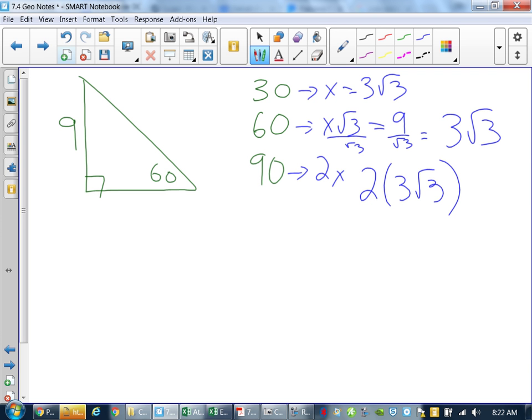Well, what I did here was this. I solved for x. X is that 3 root 3. That means across from the 30 is 3 root 3. If I double that, I get 6 root 3.